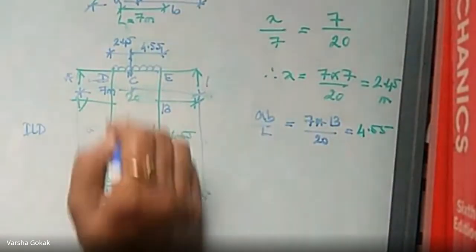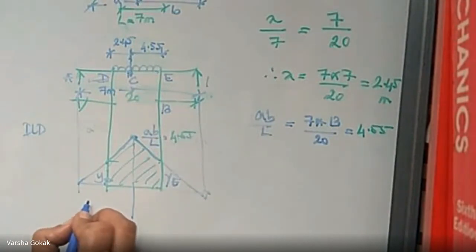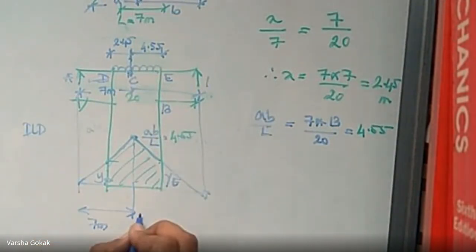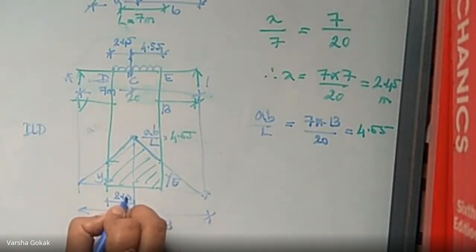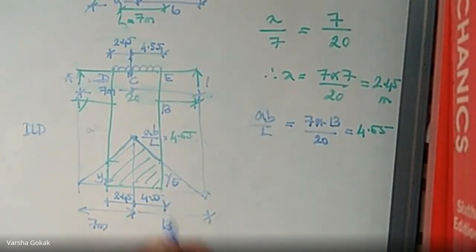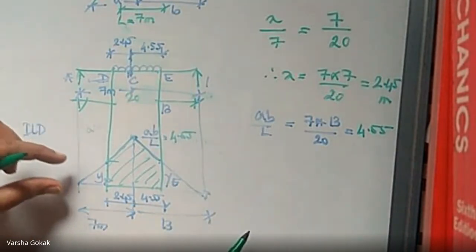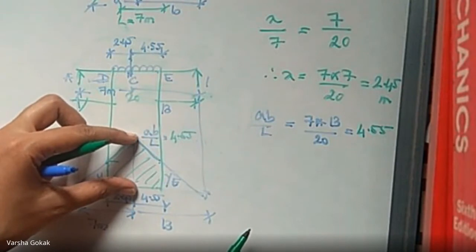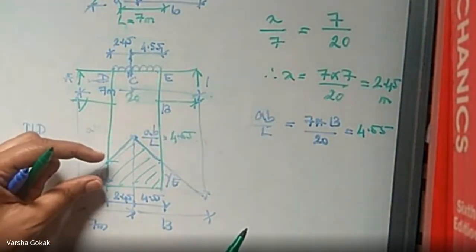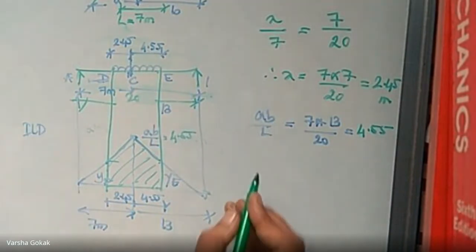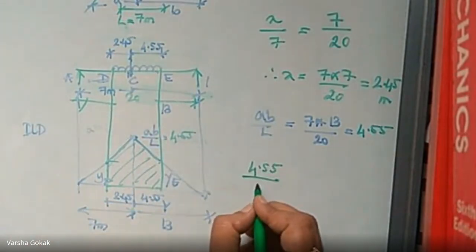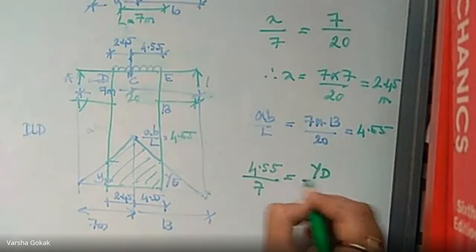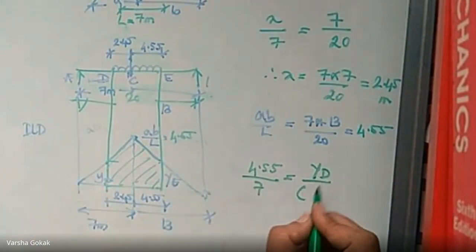If I extend this line also at the bottom, I know that this total is 7 meters. This total is 13 meters. In that, this distance is 2.45 and this distance is 4.55. Correct? So apply the similar triangle rule here. This is AB by L, that is 4.55. 4.55 divided by 7 will be equal to YD divided by 7 minus 2.55.